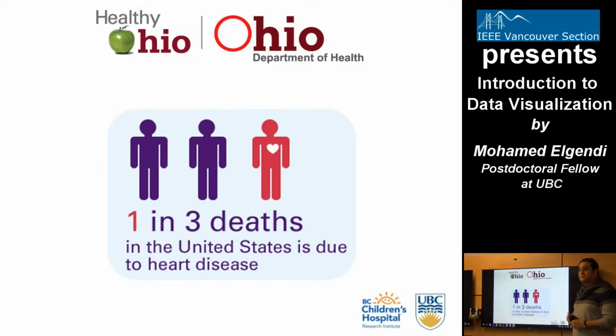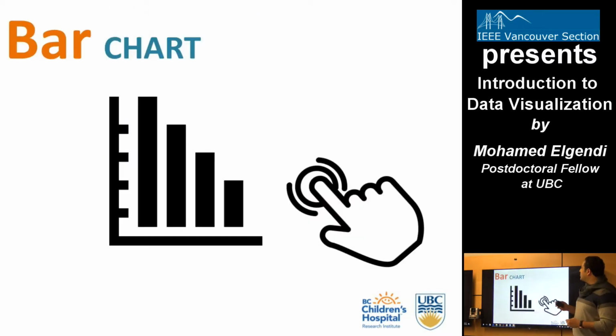Ohio. It's quite nice, right? You agree? You see, that's clear, and everything is fine. Correlations, yes. That's perfect. That's nice. Okay. Let's move on and go to bar charts.